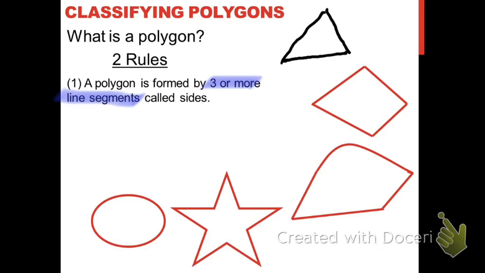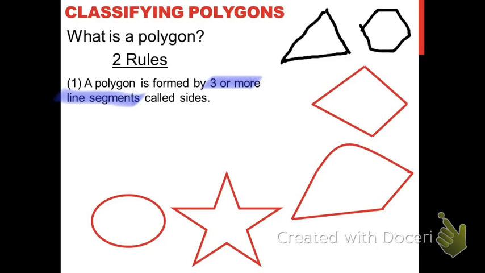Notice each side here is a line segment, and those are sides. Of course you can have polygons with many various numbers of sides. There's a 6-sided polygon right there. The big thing that I need to communicate is that the sides do have to be line segments. They could be lines or rays, but really they're going to be line segments. The point here is that they cannot be curved.